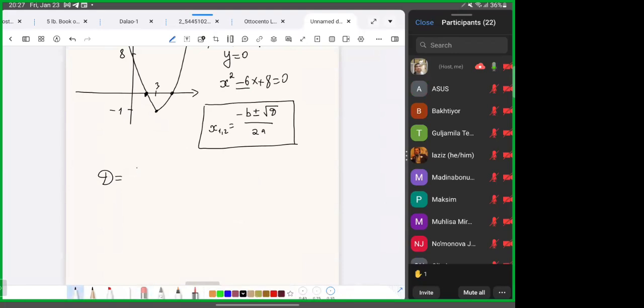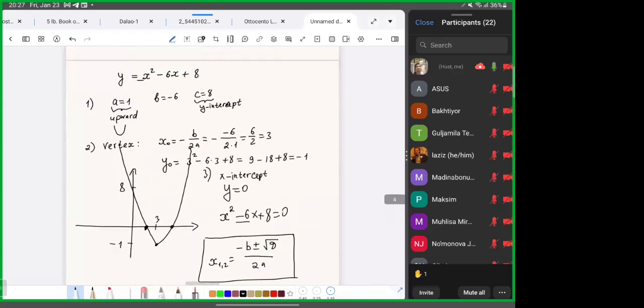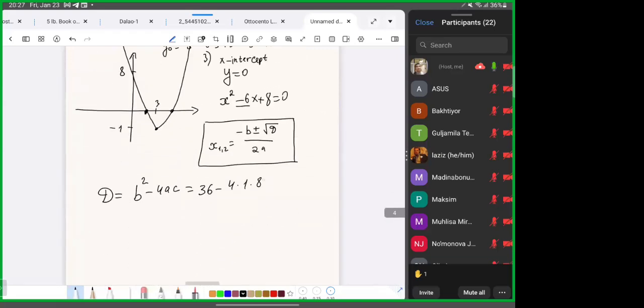Discriminant is b squared minus 4ac. So minus 6 squared is 36, minus 4 times a equals 1, c equals 8, so it is equal to 32... it's equal to 4.